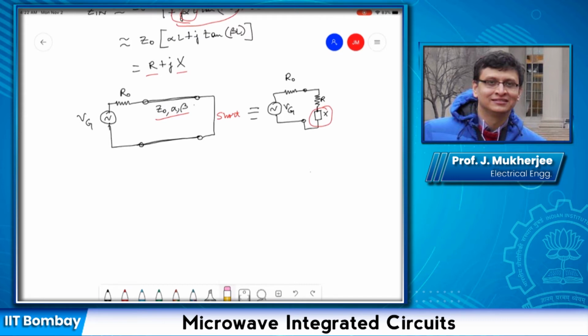So to find out the Q factor of this resonator, which is a shorted low loss transmission line, and since we cannot determine whether X is inductive or capacitive, let's take help of that formula for unloaded Q, which is given like this.